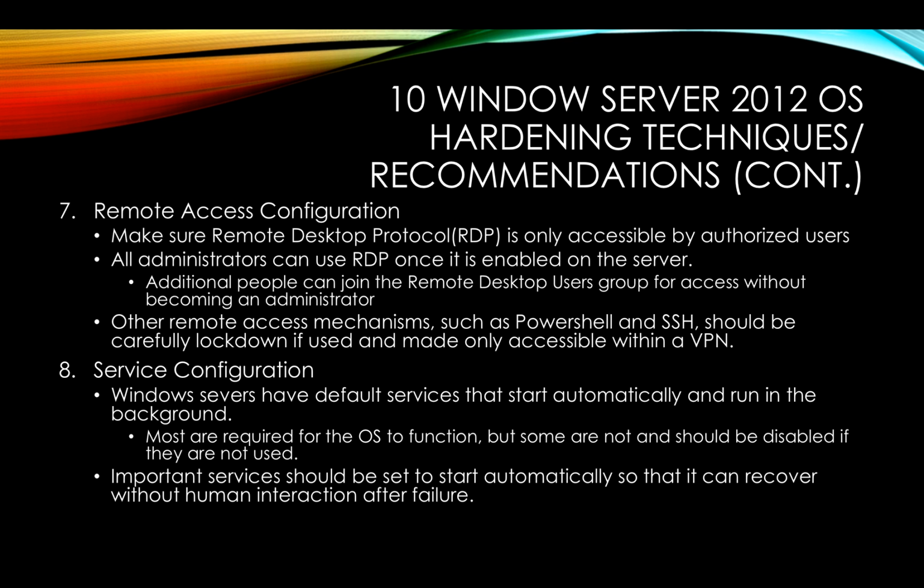Additionally, you don't have to have somebody be an admin to have RDP access. You can go into the Remote Desktop Users group and add that user to it instead of creating them as an admin, just for an extra layer of security.